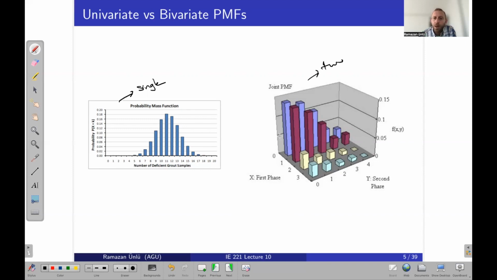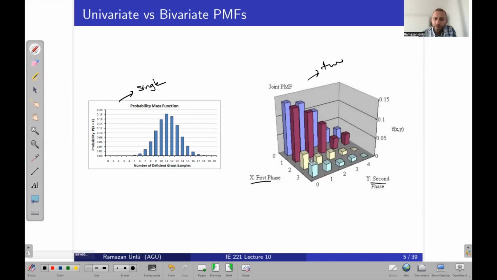Remember the PMF from the previous lectures, where we know the values of x and the corresponding probabilities. In the two random variable case, let's say that is the x and that's the y, with the corresponding probabilities.